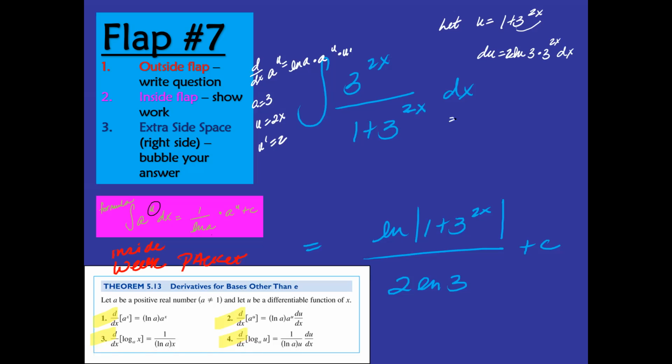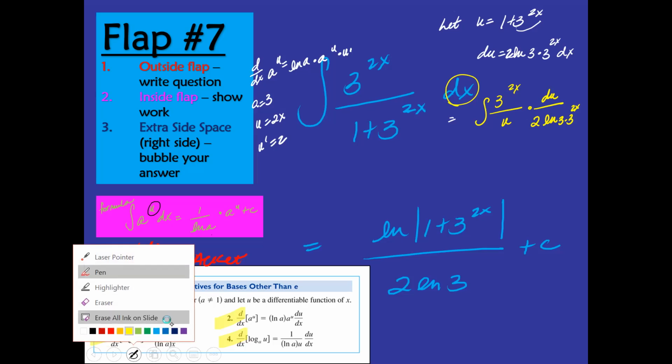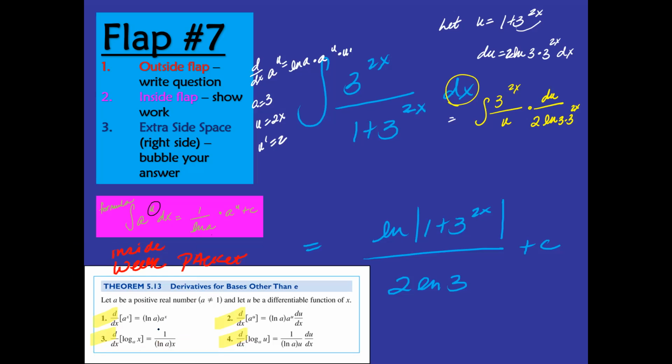All right, so let's go ahead and rewrite this thing. Integral of 3 to the 2x over u, because I'm replacing that. Replace your dx, which is just going to be du divided by 2 ln 3 times 3 to the 2x. Looking at this part right here, I can see that I am going to cancel this part.